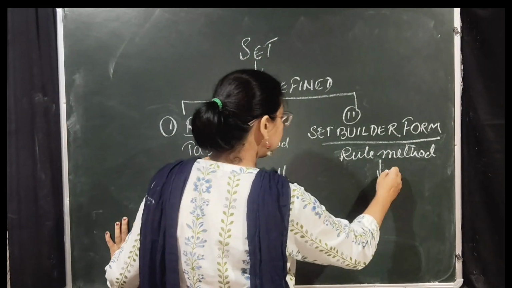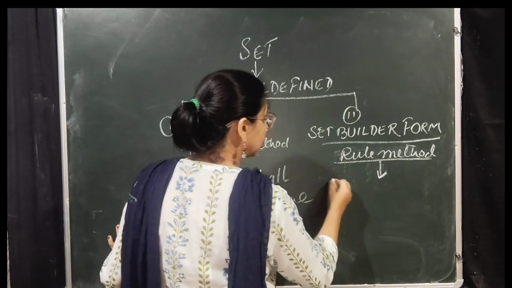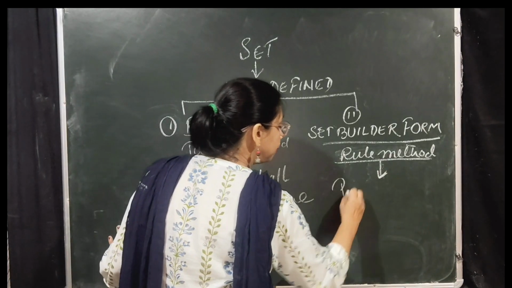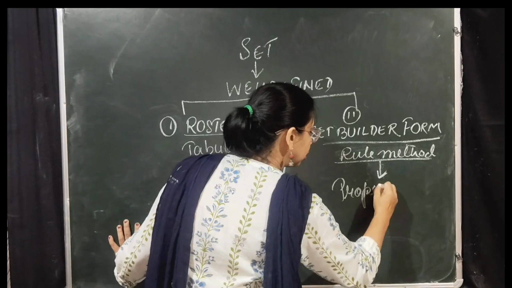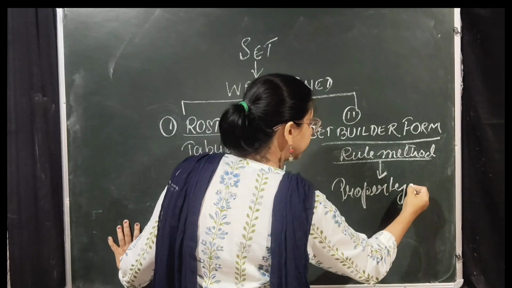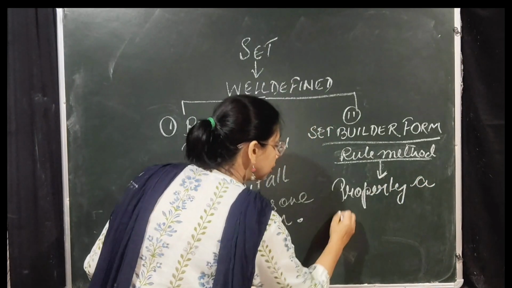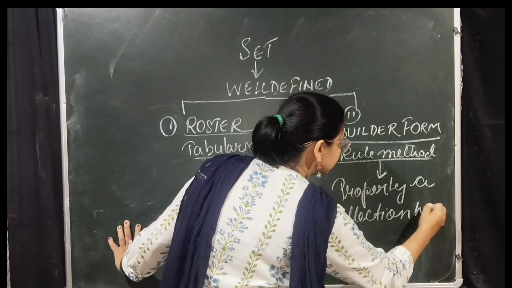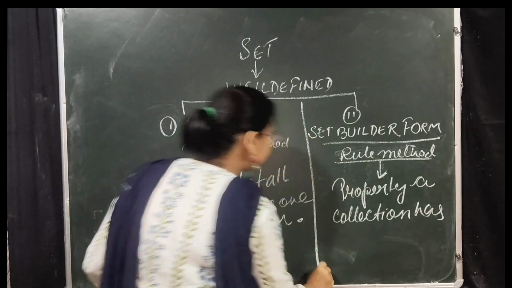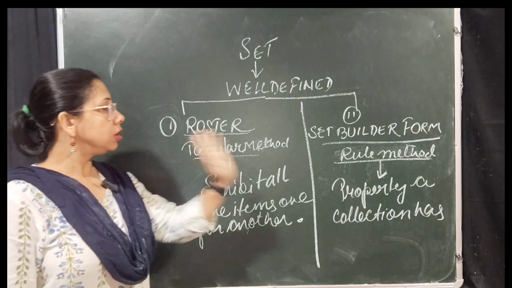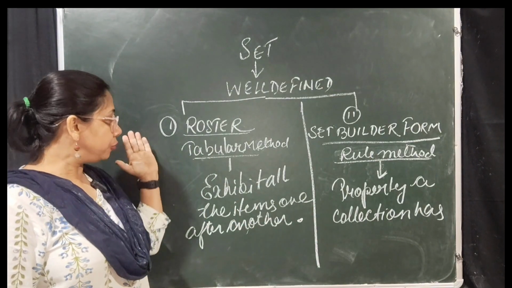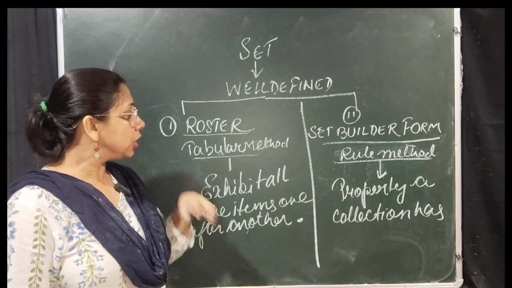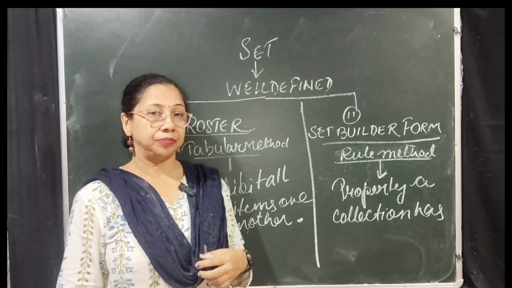In this case, we only take the property a collection has. So these are the two different methods with some different methodology to represent a set.